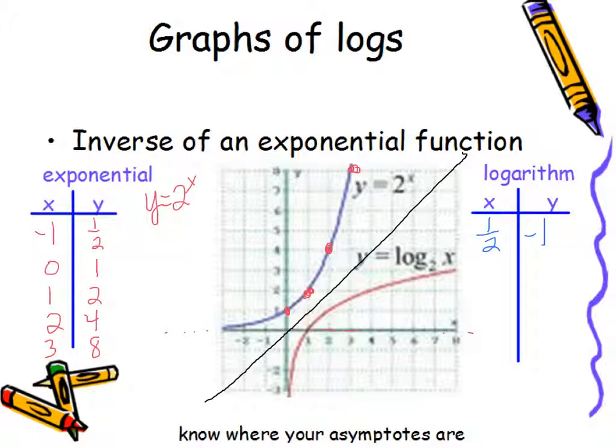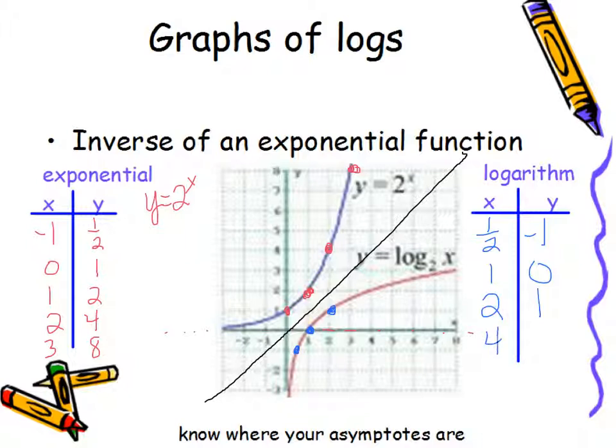So over 1/2, down 1, which is about this point right here. Okay, the next ordered pair is 0, 1. So I'm going to change that to a 1, 0, and I'm going to plot it right there. And then my 1, 2 turns into a 2, 1. Over 2 up 1. You can see these plotting nicely on this graph.